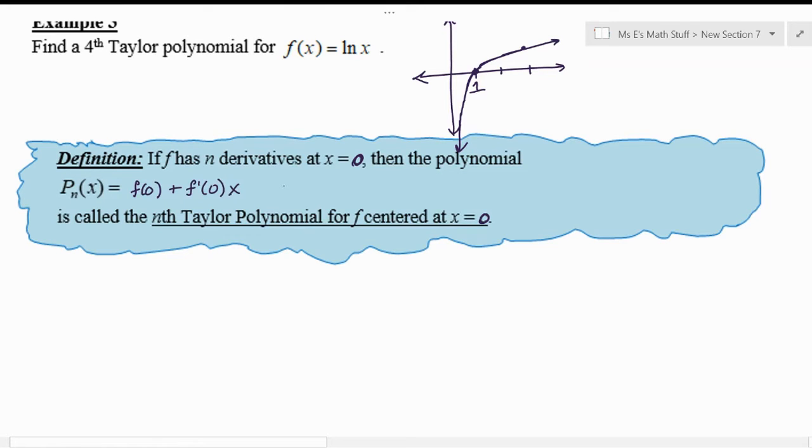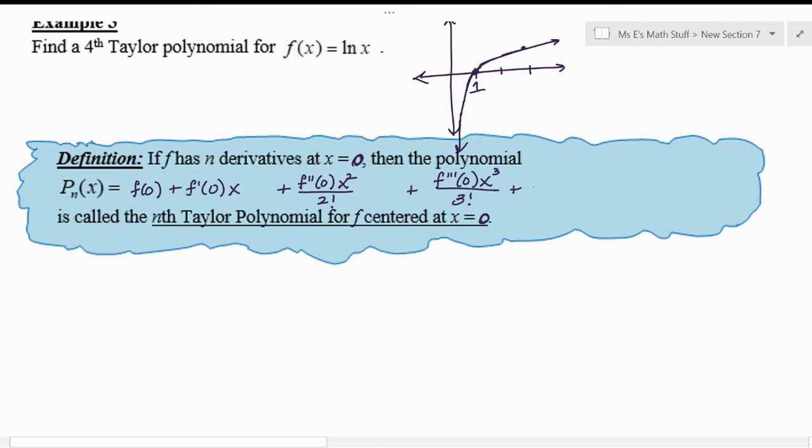Then the next term would be f double prime of 0 times x squared over 2 factorial plus f triple prime of 0 times x cubed over 3 factorial.